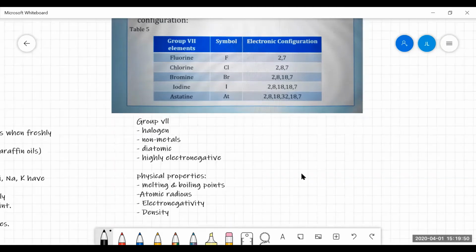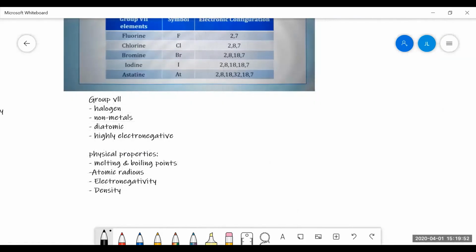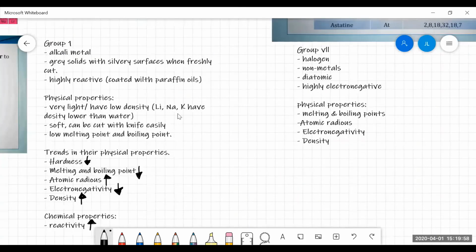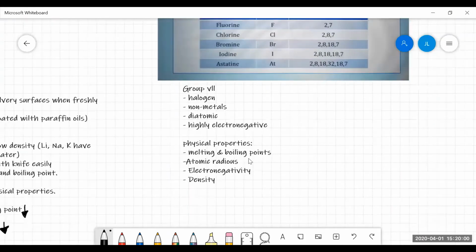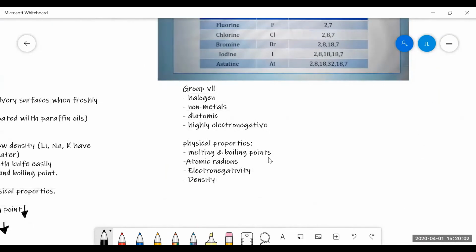So for melting and boiling points, what is the trend? Increases down the group. Same thing happens for boiling point. How about atomic radius? Increases.